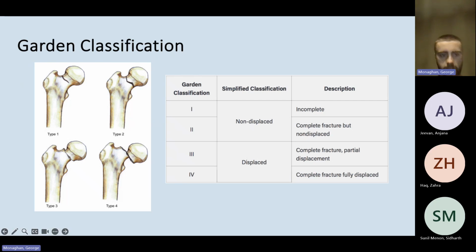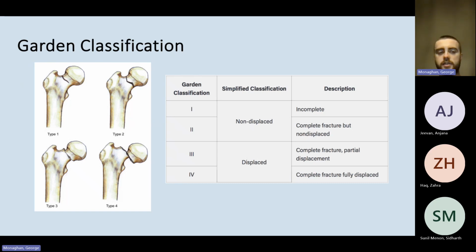And then type 3, we can see in the bottom left, and then obviously type 4. You can see straight away that the femoral heads are not in the position that they should be in. They've moved down on the femur, and that is the displacement that I was talking about. And they're both complete fractures. Type 3 is a partial displacement, so you can see it's moved a lot less than type 4. Fully displaced is type 4.